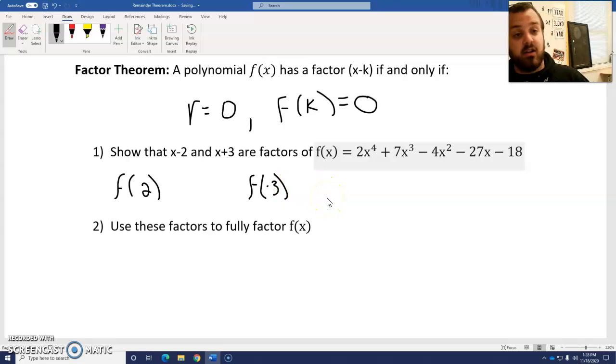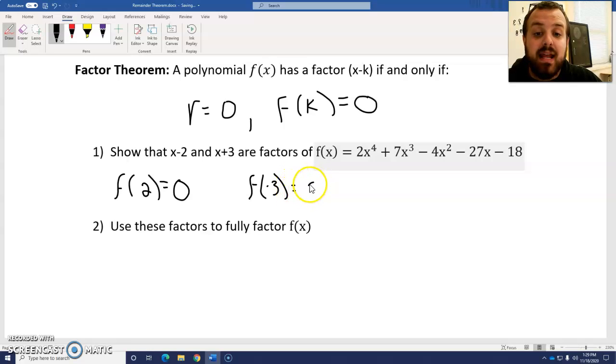So if you have a calculator handy, I have one right here. Okay, you go ahead and you plug these in. So I plug in 2, and I in fact got 0 to come out. Same thing with negative 3. I go ahead and plug in negative 3 into my function, and once again, I got 0 as my output, meaning that these are in fact factors of this polynomial.